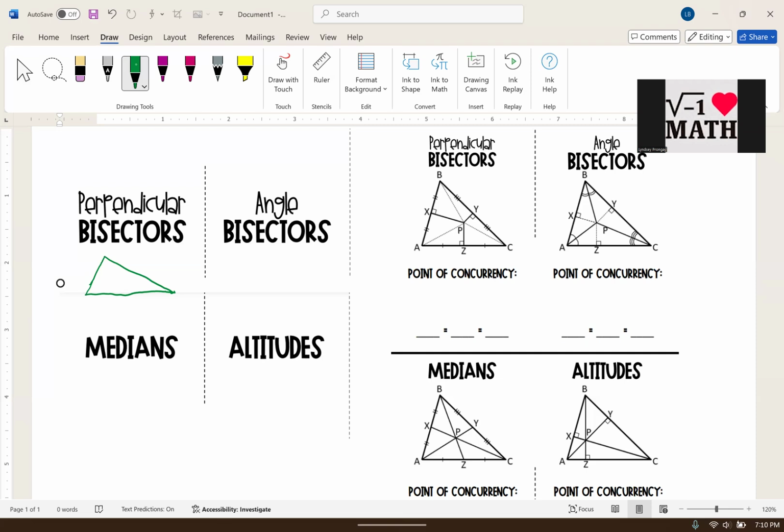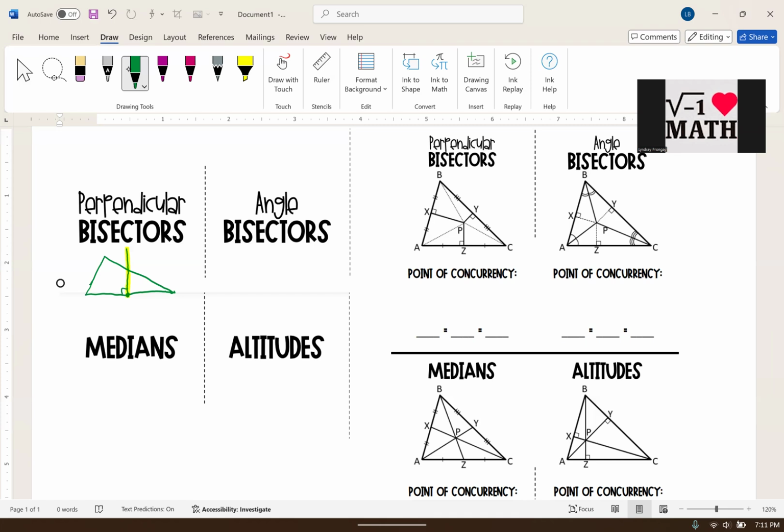There will be three perpendicular bisectors here. I'm only going to draw one of them, and let's focus on the bottom. We'll say this is the halfway point, and that's perpendicular. So this right here is our perpendicular bisector. Like I said, there would be two others based on the other two sides.